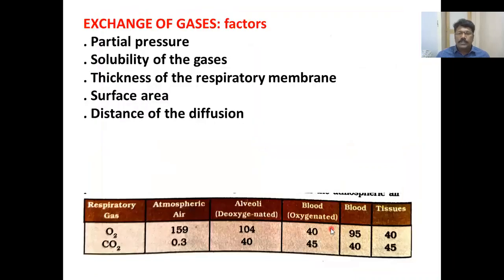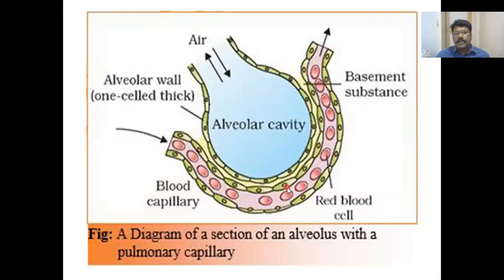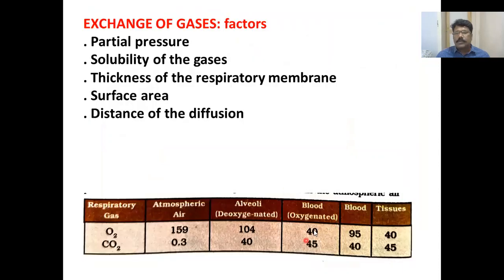So next, in the blood, once the oxygen enters into the capillaries, its pressure will be around 40 mm of oxygen. And during this transportation, its partial pressure will be 95. Again, in the tissues, it is having only 40 mm of oxygen.